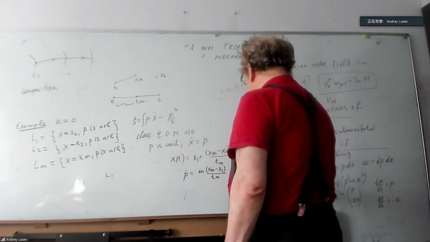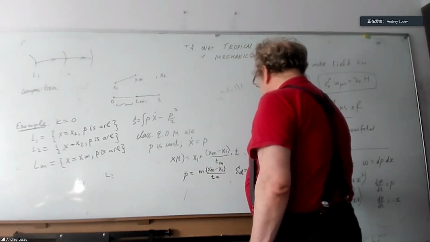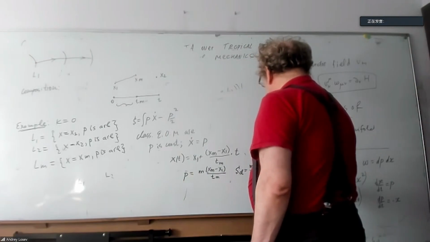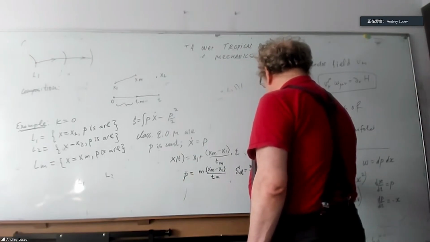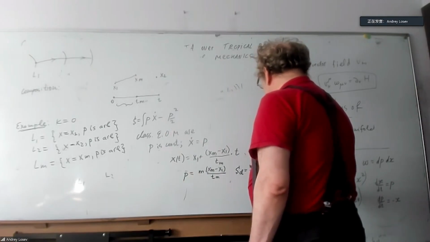S classical is m over 2 xm minus x1 squared, and here I have tm.